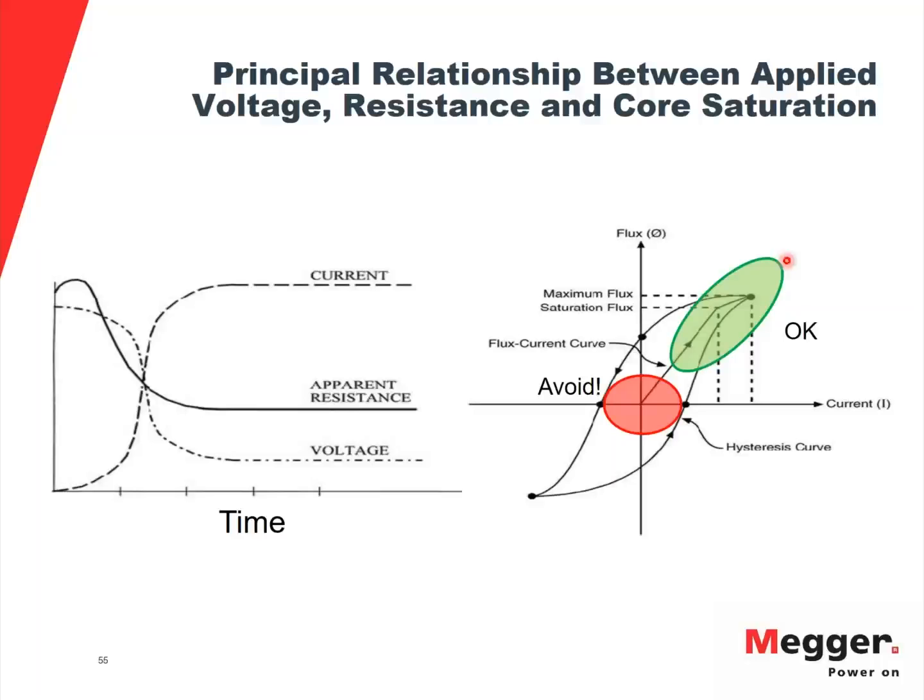If you look at the hysteresis curve, it is recommended not to use small levels of current, because then you are operating in the nonlinear region and you may not get a good reliable measurement. Your best bet would be to saturate the core of the transformer and then have enough current which would stabilize, and then you get your measurement. So try to operate in this region to get reliable measurements.